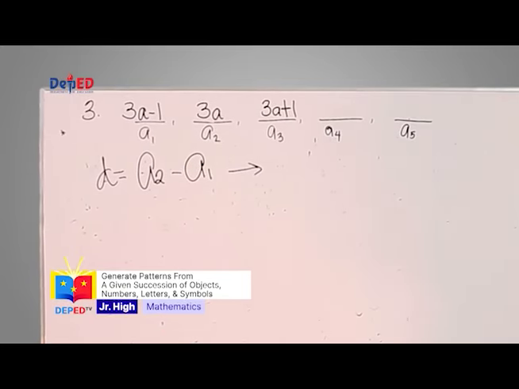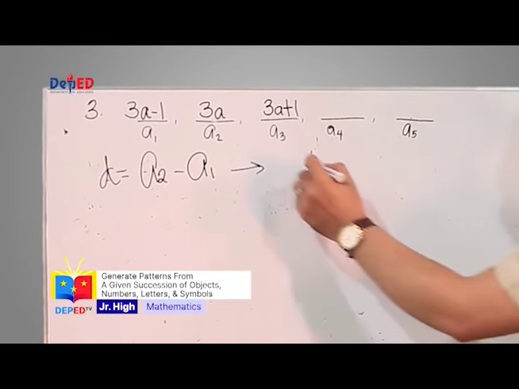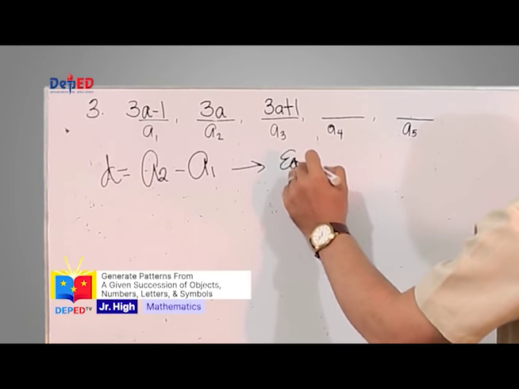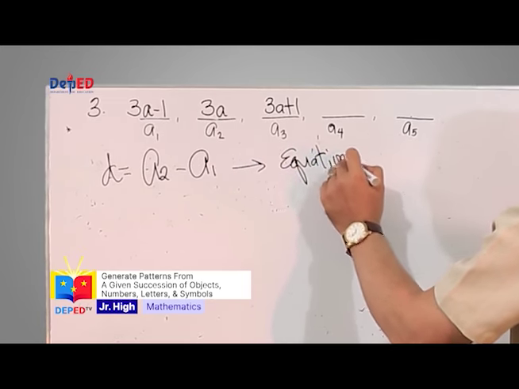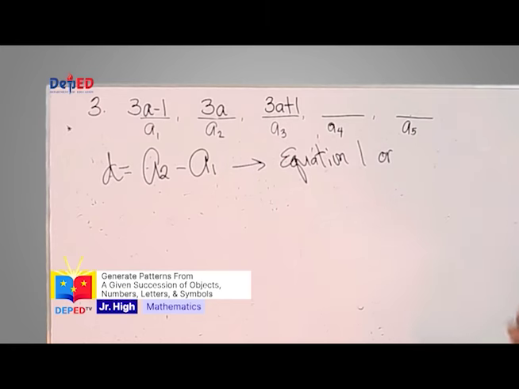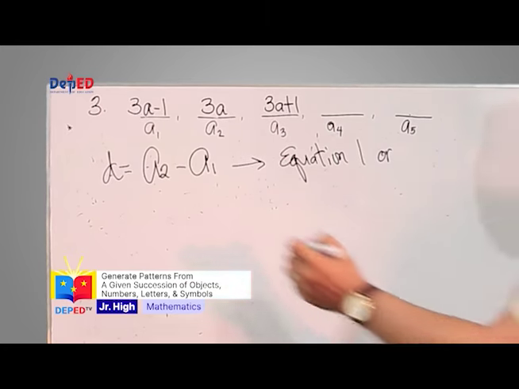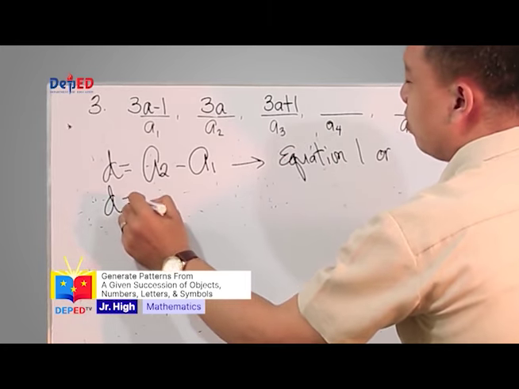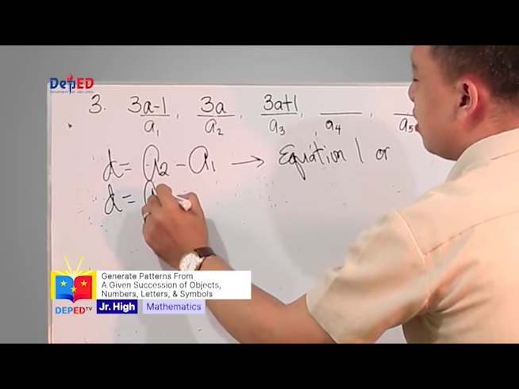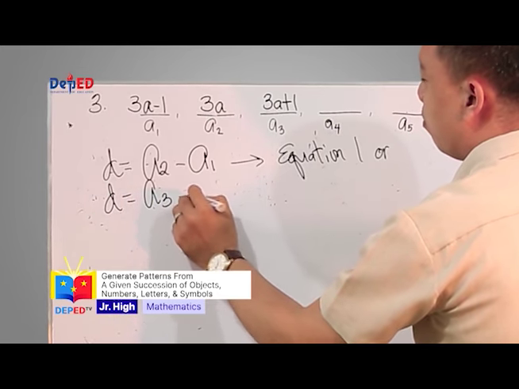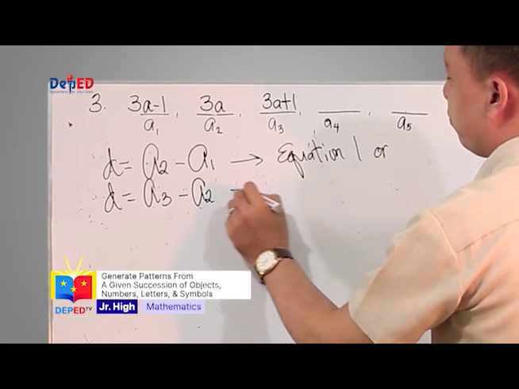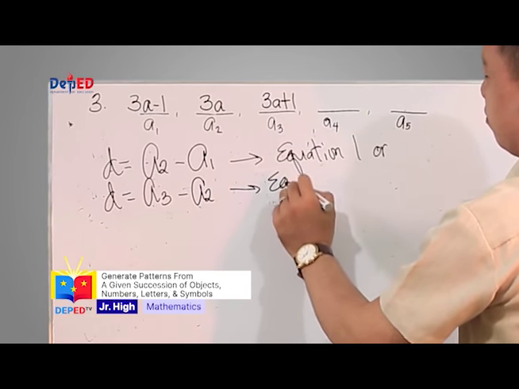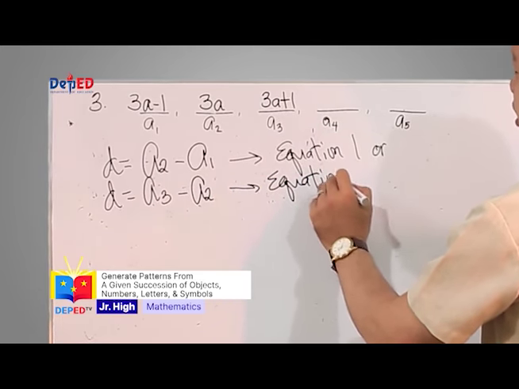Again, we will use this as our equation 1. Or, we can also use d is equal to the difference of a sub 3 minus a sub 2. This will be our equation 2.